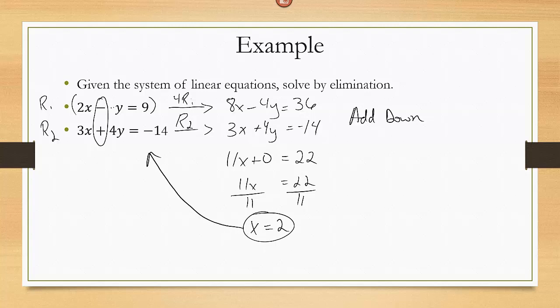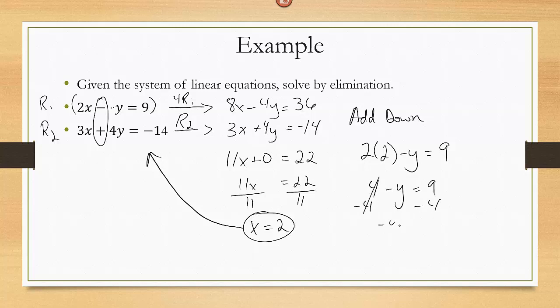Okay, so now, next step, we just need to put this x into one of our equations. I'm going to put it into the first equation. So we're going to have 2 times 2 minus y equals 9. 2 times 2 is 4, minus y equals 9. We have a positive 4 minus y. Opposite of addition is subtraction, so let's subtract 4 from both sides.